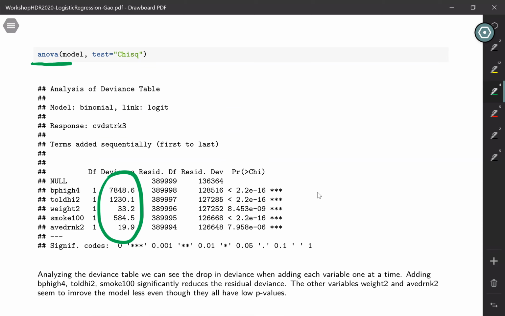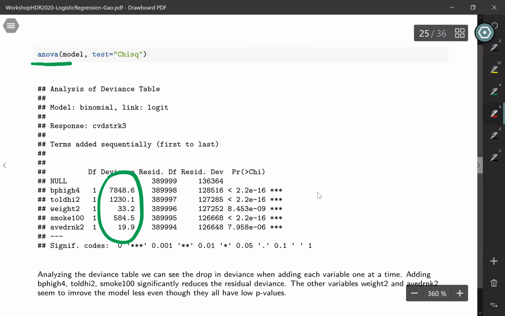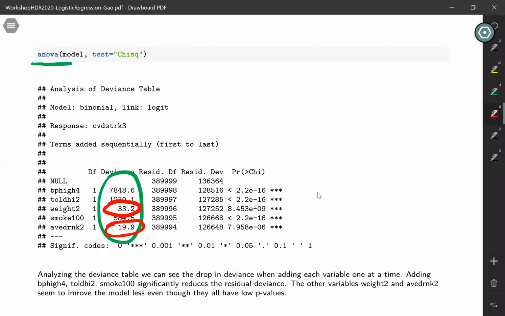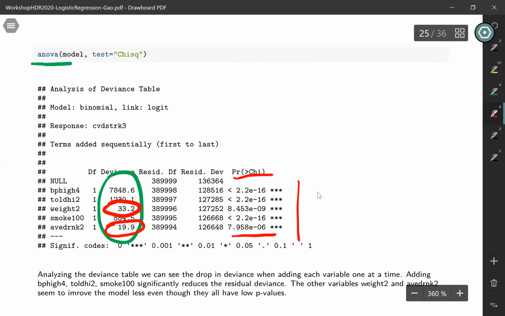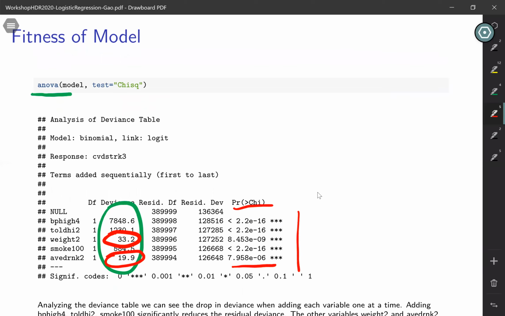So you see the weight here is only 33.2, and the average drink is 19.2. These two contribute to the model less than the others. However, the p-values show that they are still significant. So that's why we still put these two into the multivariate logistic regression model.